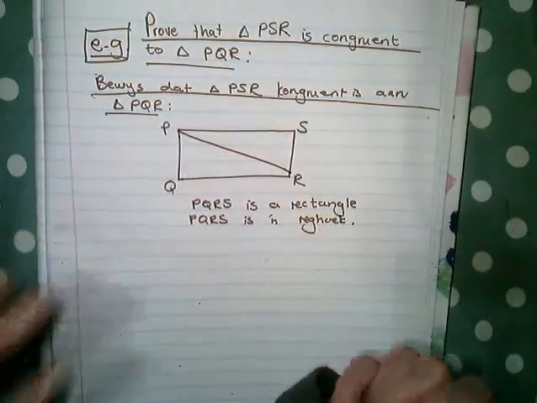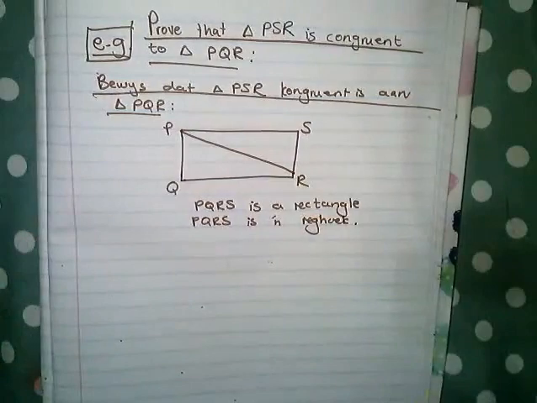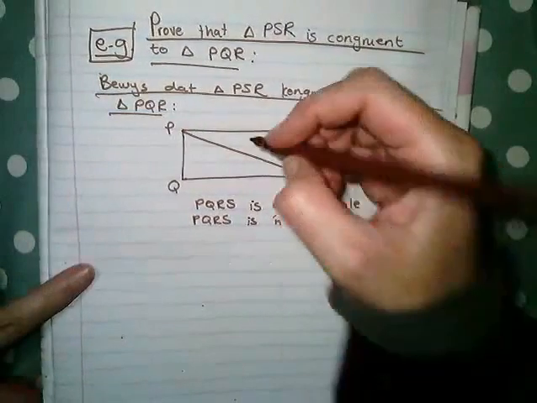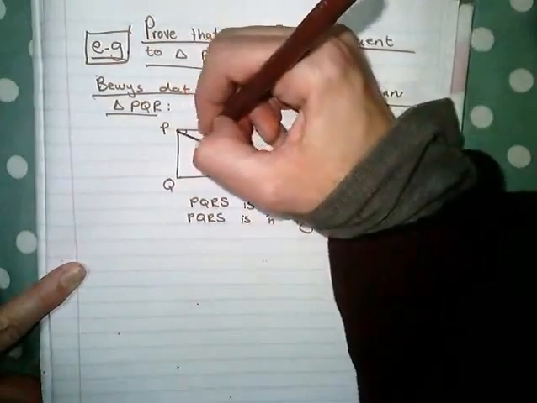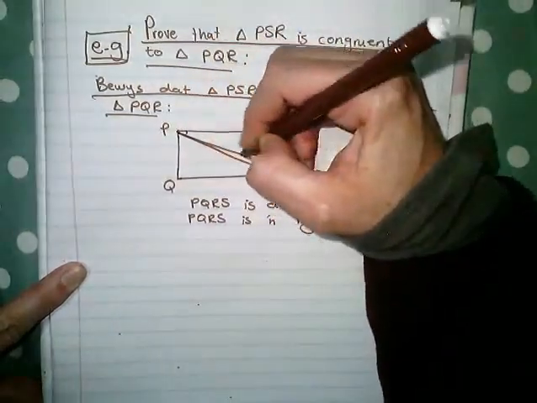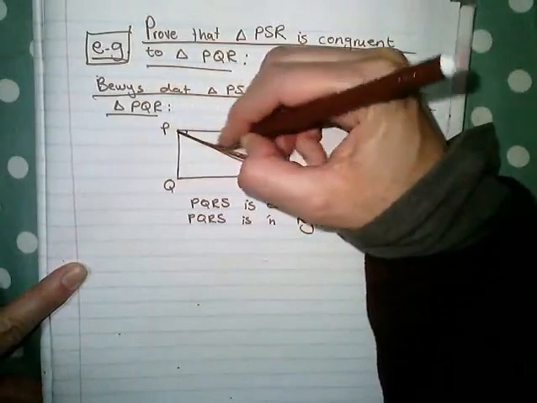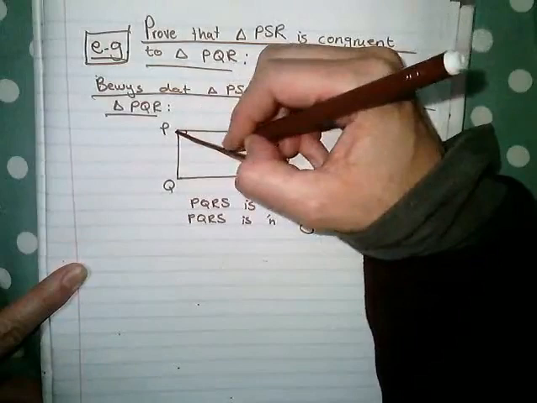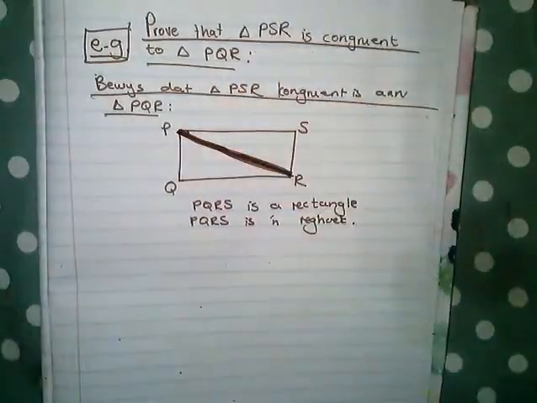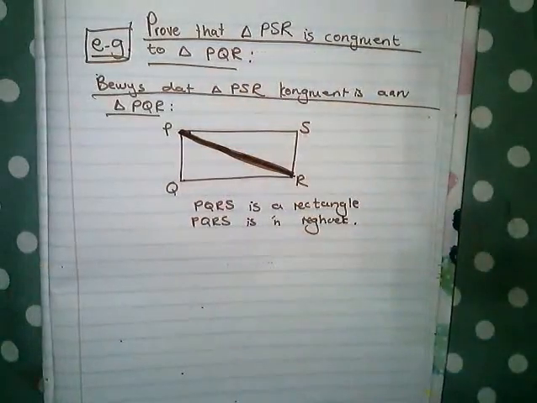Okay. So proving that they are congruent, I just want to say that line is a straight line going from the one corner to the other corner of that rectangle.